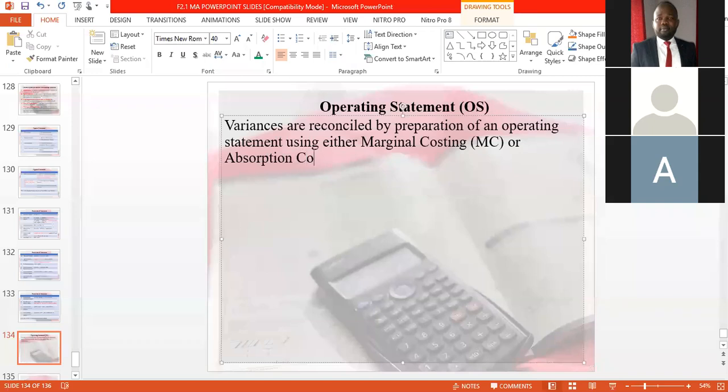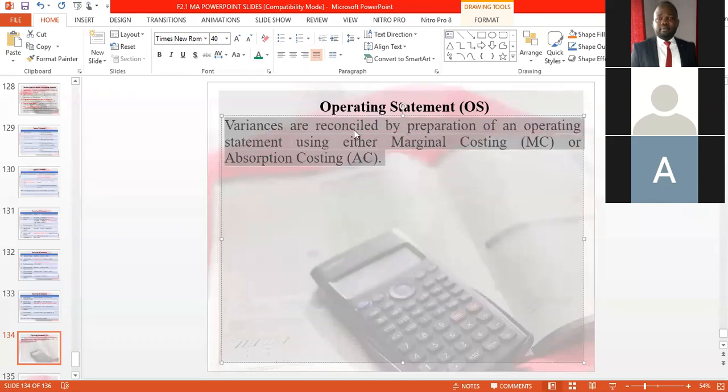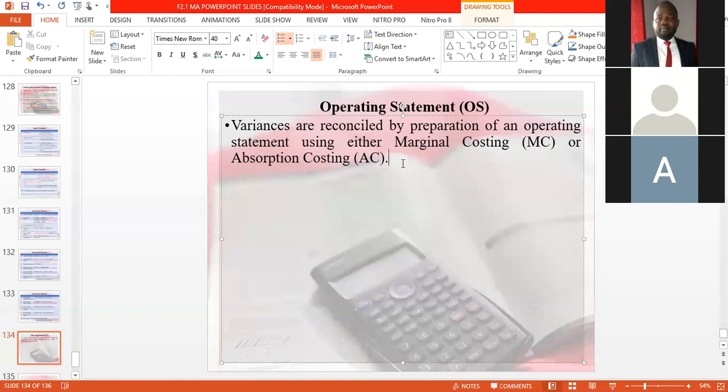So that is the first point: variances are reconciled by preparing an operating statement, and this operating statement is prepared using either marginal costing or absorption costing.